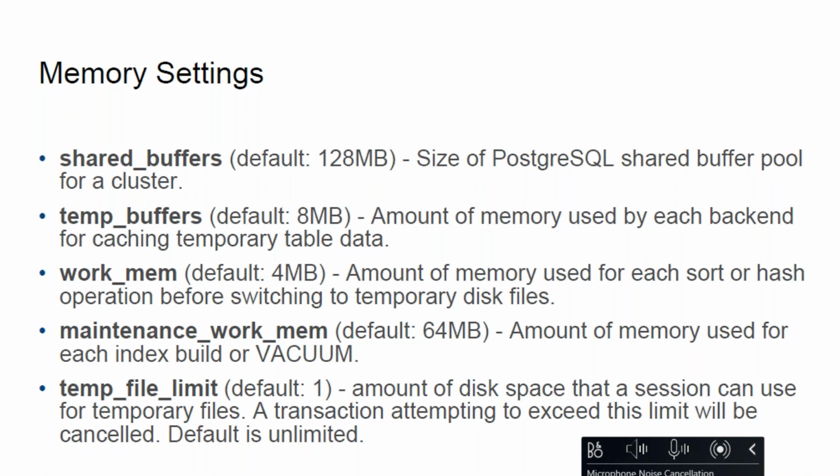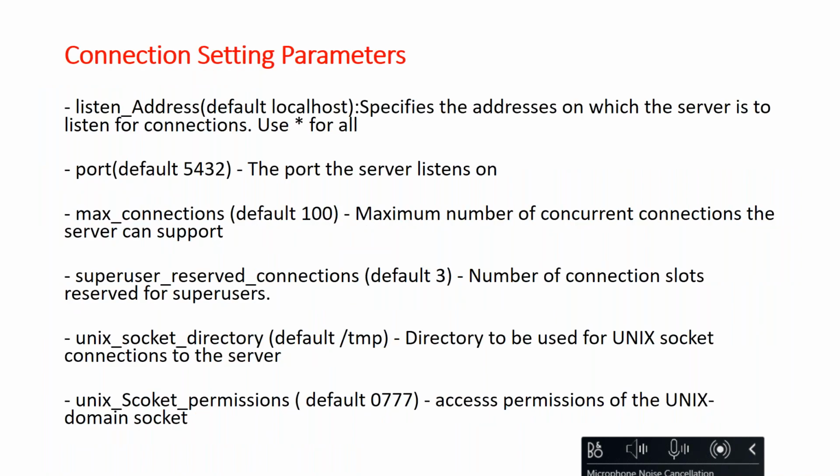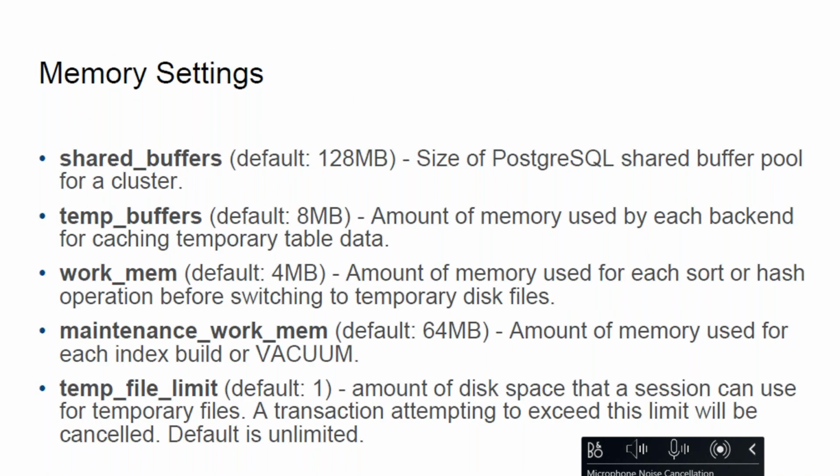Now comes another very important parameter, shared buffers. By default it is 128 MB. This is also practically very less, and 100 connections is also practically very less in a production database. I tell you, you can easily go up to 200 and 500, because there would be multiple scenarios when people connect and don't disconnect, even when they are not using it. They are idle connections, idle sessions, and 20% of database connections are generally idle.